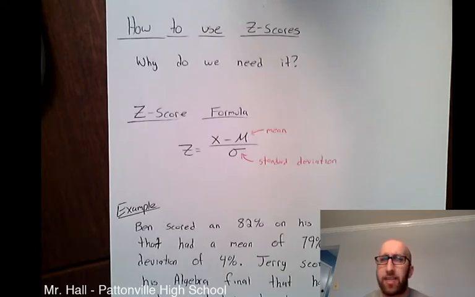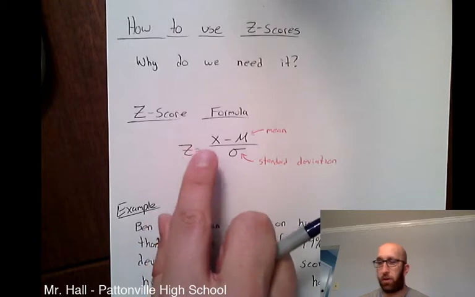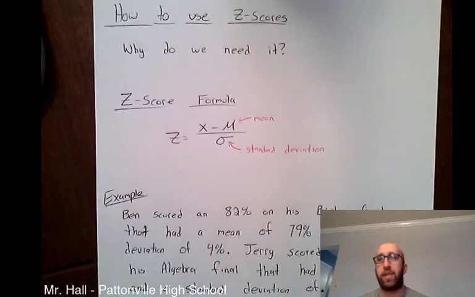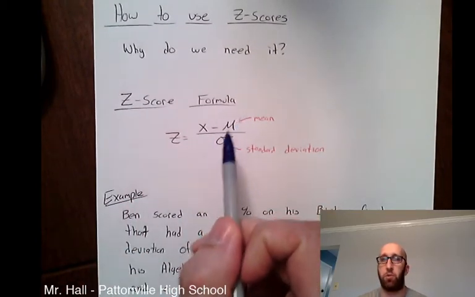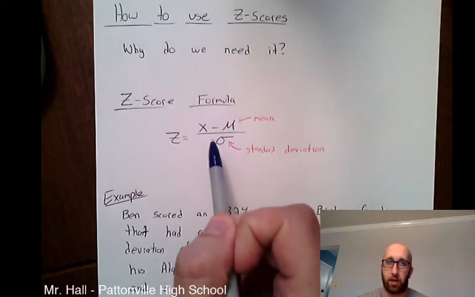The last thing that z-scores are useful for is that they also allow us to compare things that traditionally we cannot compare. I'll show you through an example what I mean by that. First, here is the z-score formula: z equals x minus mu divided by sigma.